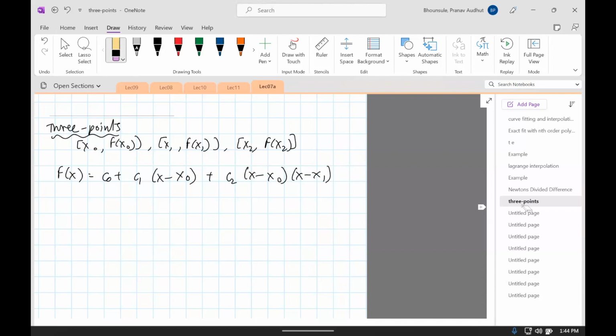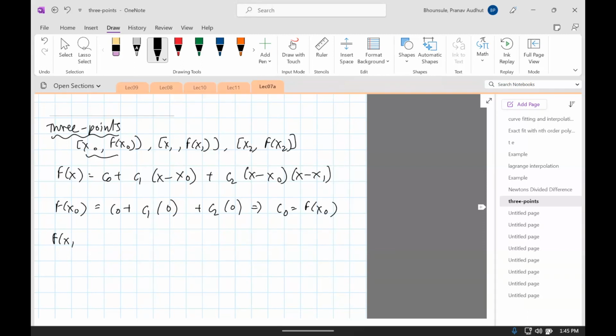Okay, so let's see the consequence of assuming that particular formula. Let's sub in the values, that is, let's put these in the equations. So f of x0 is c0 plus c1 times 0, and c2 term also becomes 0, which means c0 is f of x0.